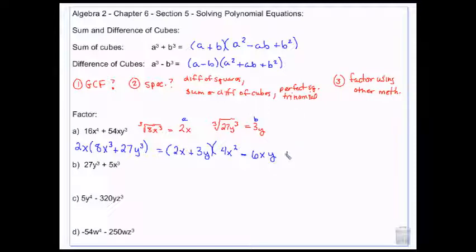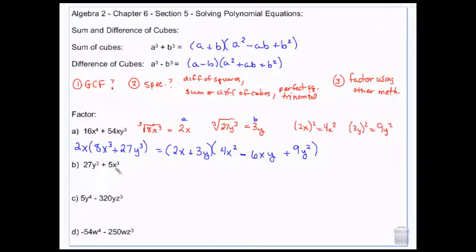Plus b squared. So that's 3y squared, so that gives me 9y squared. So 2x squared is this, 3y squared is that. So that gave me these two terms.